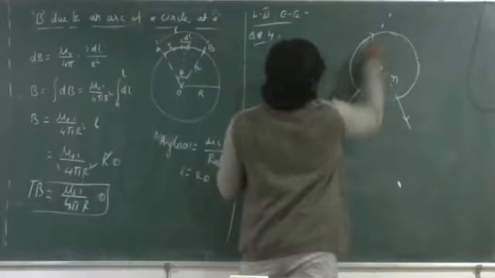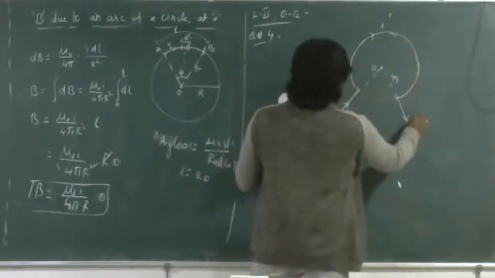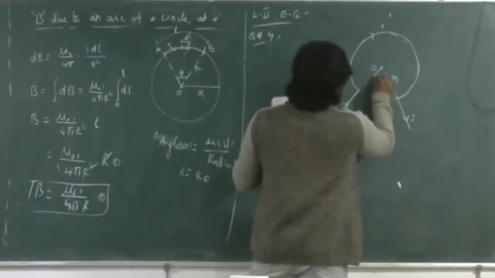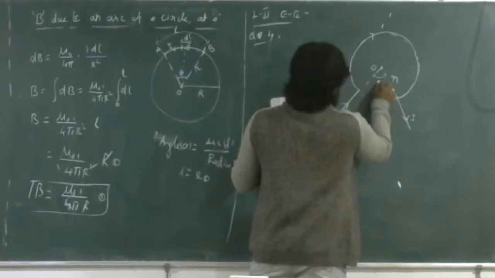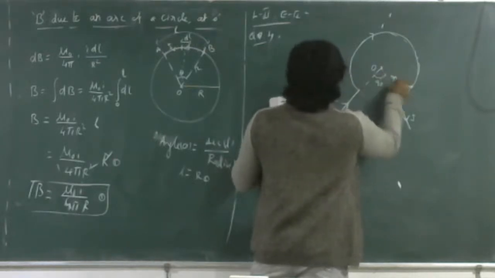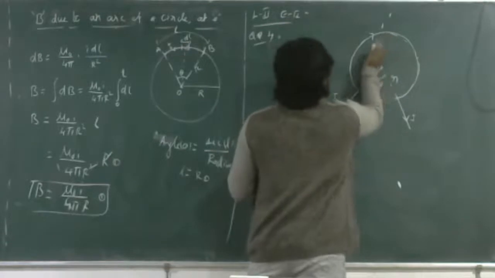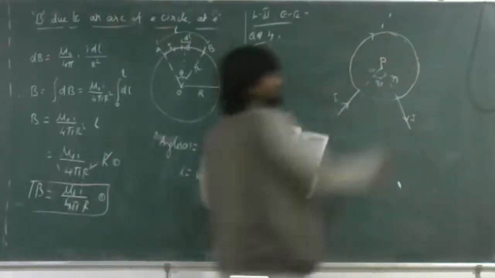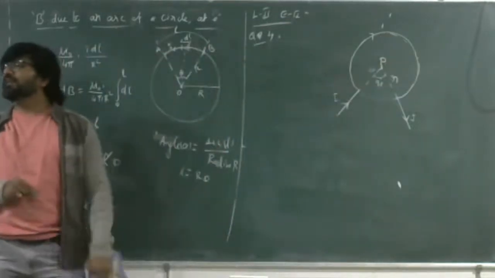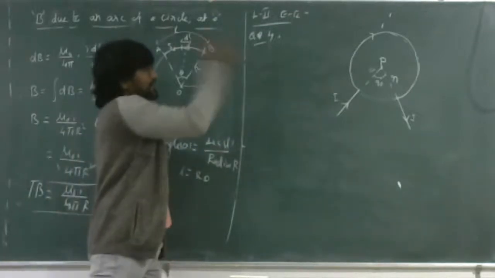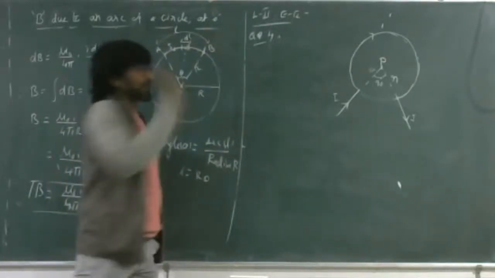So this current I enters and leaves here, and the angle of the removed part is 90 degrees. The center of the circle is the point P. What is the magnetic field at the center, the point P?